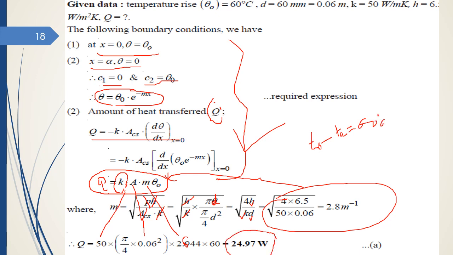So directly we will get the answer Q value. What is the heat dissipation from the circular fin? That is 24.97 watt. So friends, you try to calculate this kind of numerical at your home, at your room, at your institute on your own, and try to find out whether you will get the same answer or not.